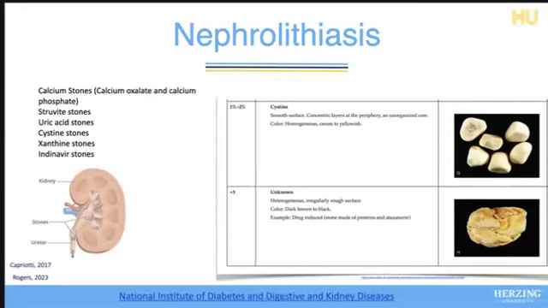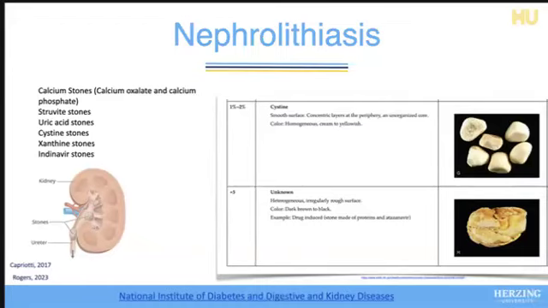We see low urine citrate levels, as citrate normally binds to calcium and prevents stone formation. Again, we talked about dehydration and low urine volume, which allows stone-forming substances to become concentrated. Acidic urine pH can actually promote the precipitation of calcium oxalate crystals.